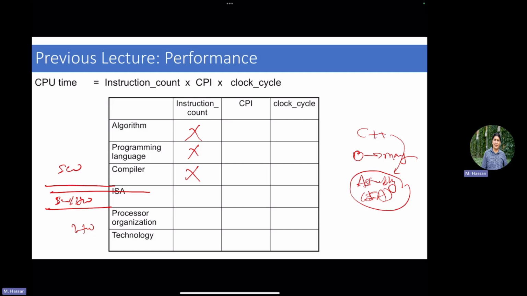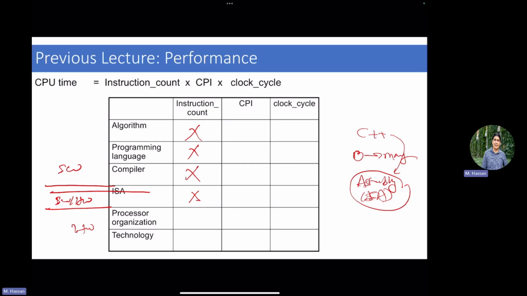Exactly, thank you. The clear example we had last time is the swap C function, where in Intel x86 you can have a single instruction because there is a swap instruction there. But in MIPS, you might end up with 10 or more instructions. So the ISA gives you the capability. It tells you what the hardware is able to execute. It defines even, as Steven said, what a single instruction does. So it clearly impacts the total instruction count.